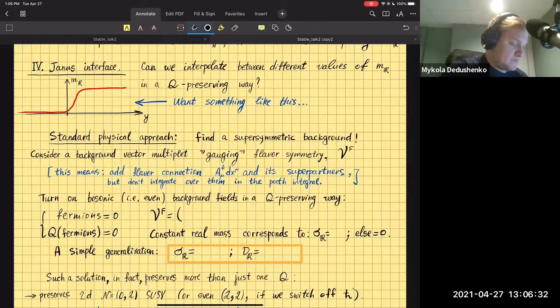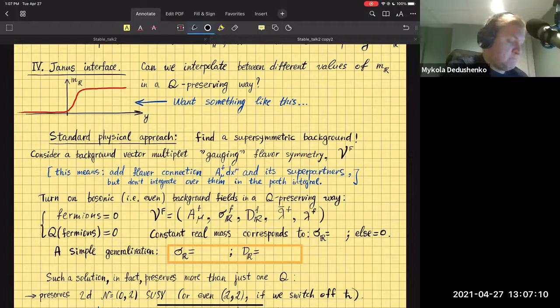So that's the statement that the background preserves supersymmetry. This background vector multiplet contains the flavor connection, so a gauge field, and a real scalar for flavor symmetry. Then there's also a real auxiliary field, as in every such multiplet, that's necessary for some technical purposes. And there are fermions, which in the background vanish.